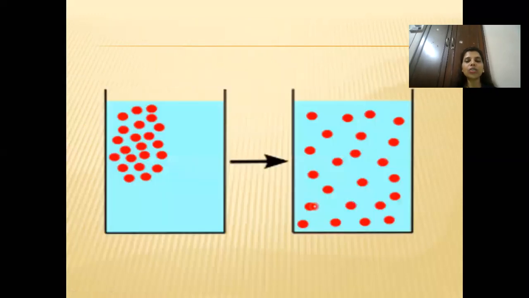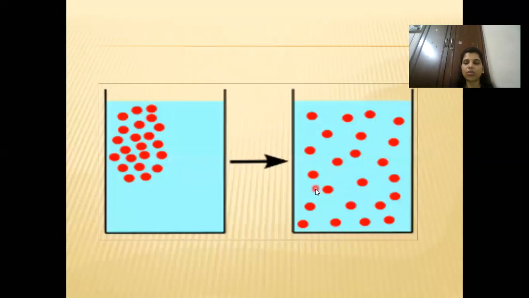Now the next one. Here you can see this picture where this is the solid which is concentrated over here, and after some time you can see what happens is it spreads in all the directions. So the solute which was concentrated at one place has now spread to the different areas in this particular solution where its concentration was less.